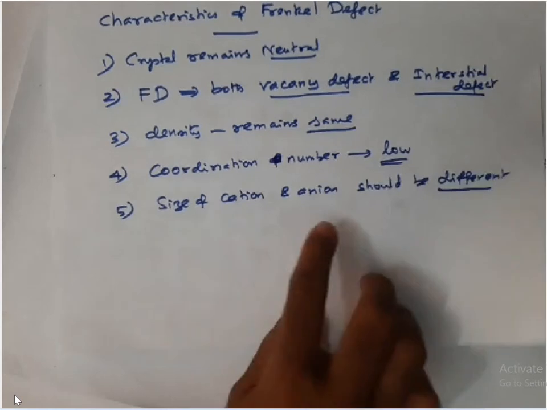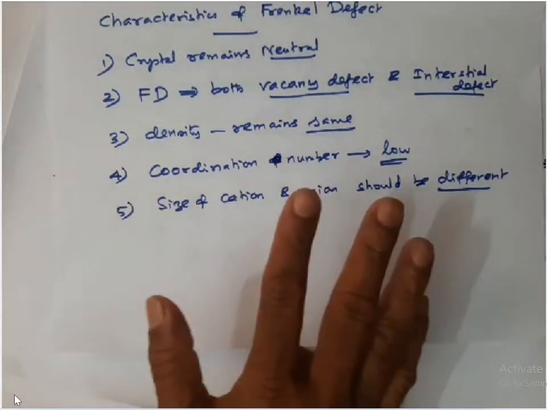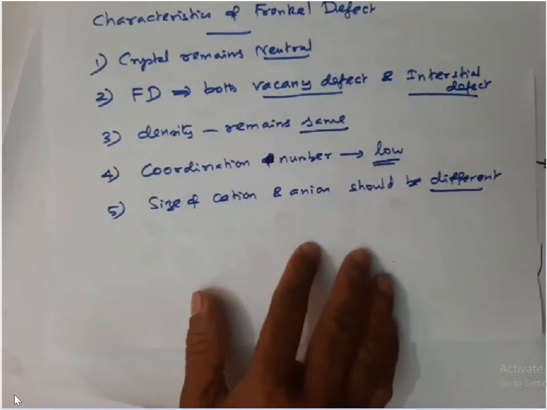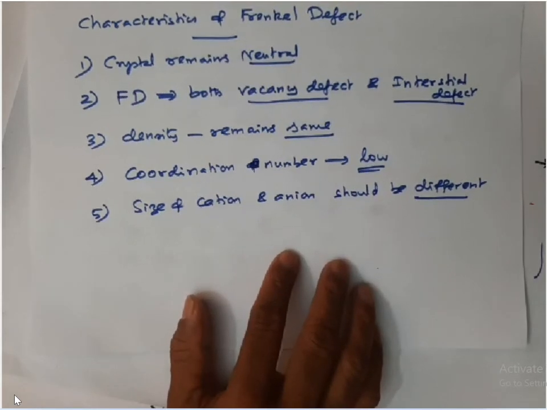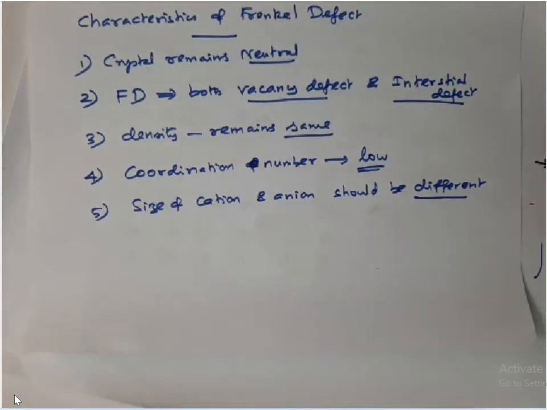If the cation and anion sizes are different, then you can see predominantly Frenkel defect in crystals. Why am I using the word predominantly? Because in some crystals both the defects may exist. If both Schottky and Frenkel defects exist, we need to say whether Schottky defect is dominant or Frenkel defect is dominant.